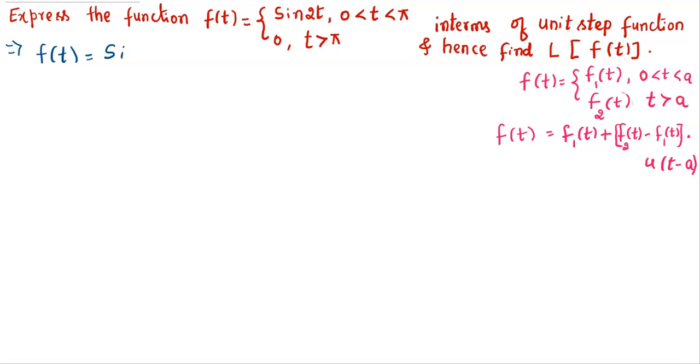We can write the given function as sine 2t plus 0 minus sine 2t into u of t minus, here a is pi.